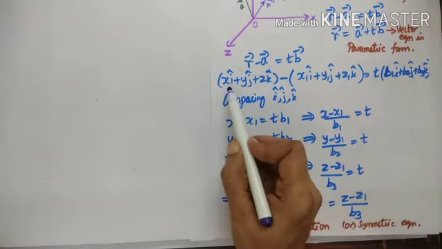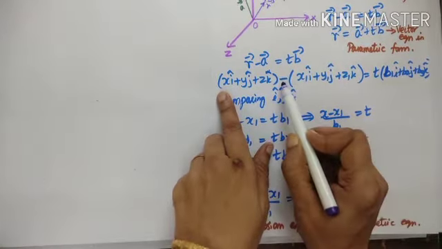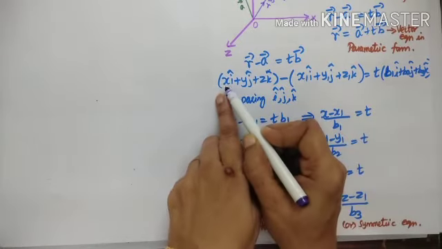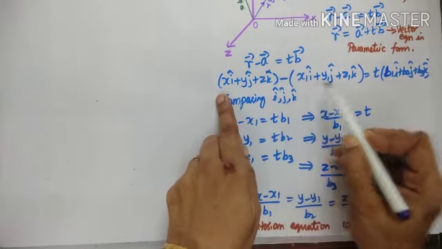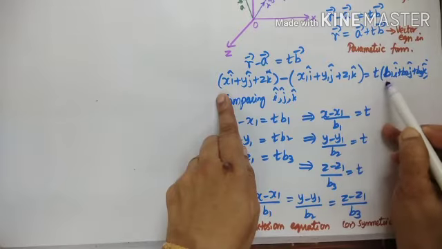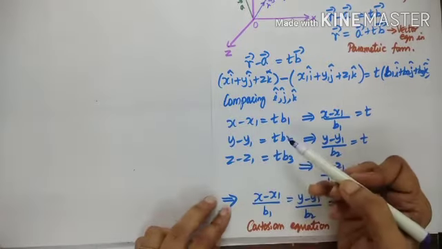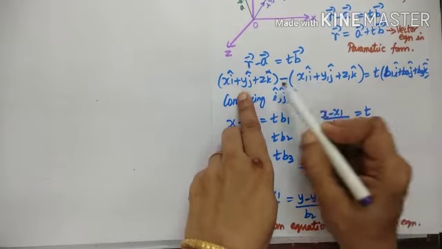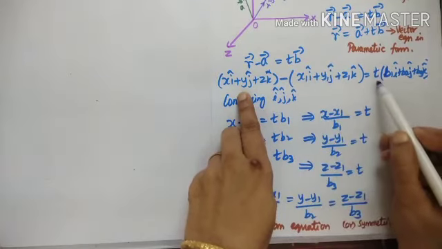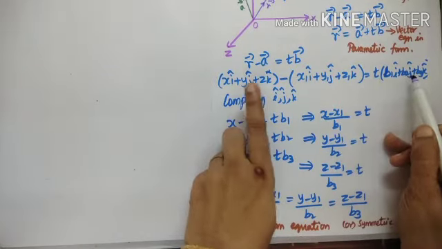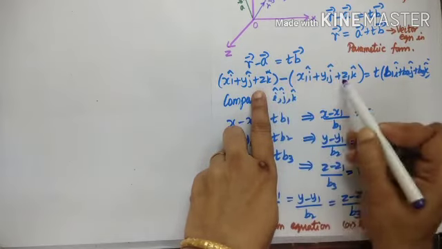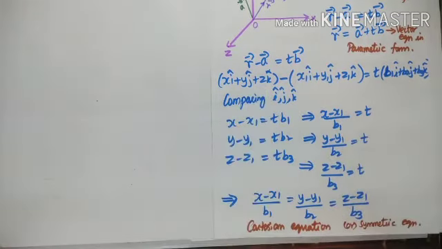Here the i component is x minus x1. X minus x1 equals t into b1. Similarly, j component, y minus y1 equals t into b2. K component, z minus z1 equals t into b3.